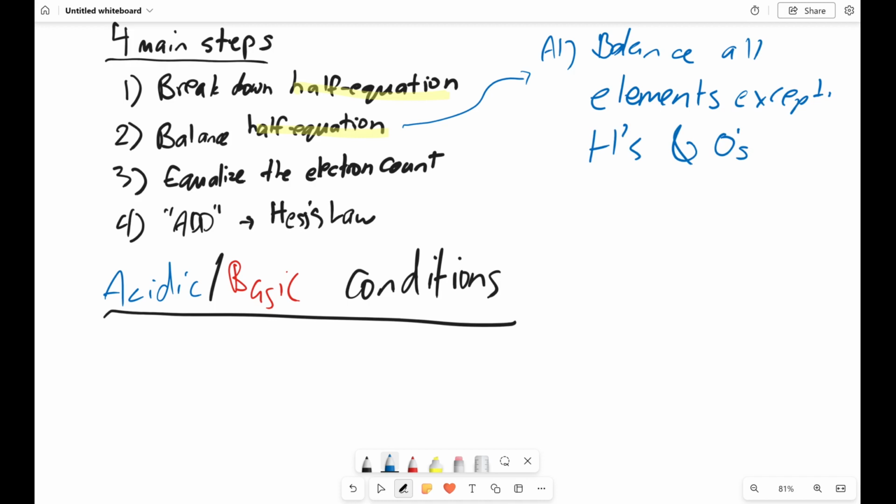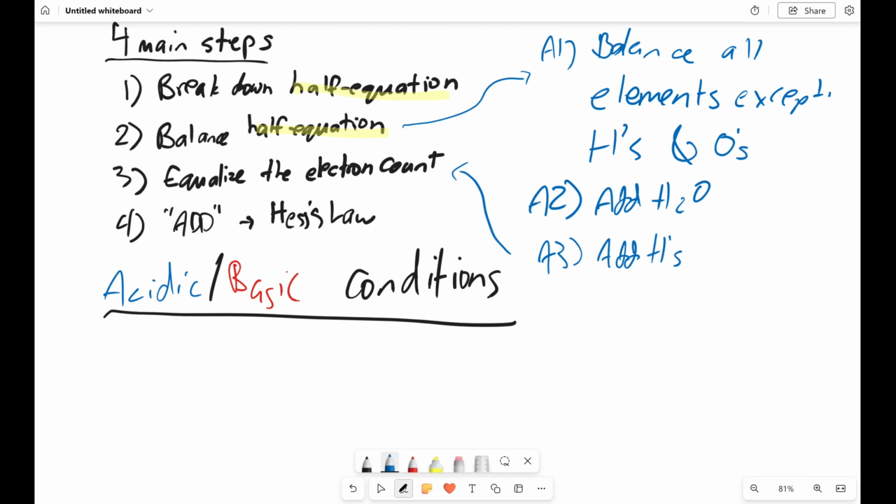A2, to balance oxygens, we add water, H2O, to balance the O's. A3 is to add H's to balance out all the waters. And then we go back, equalize the electron count, and add using Hess's law.